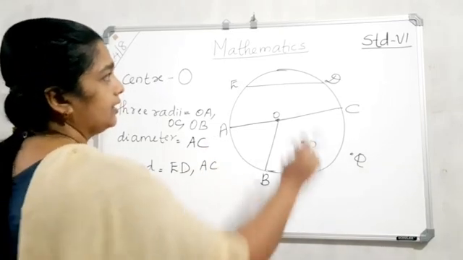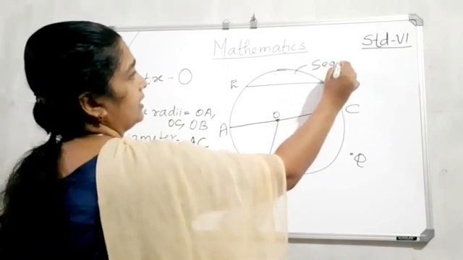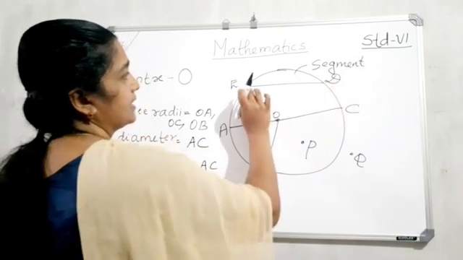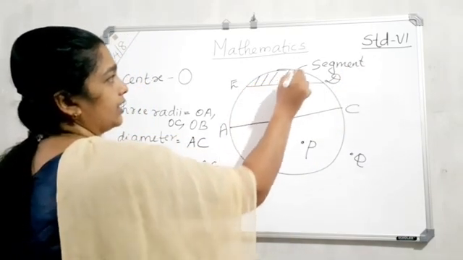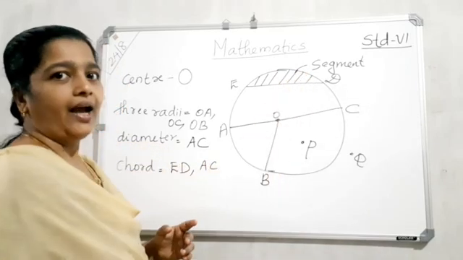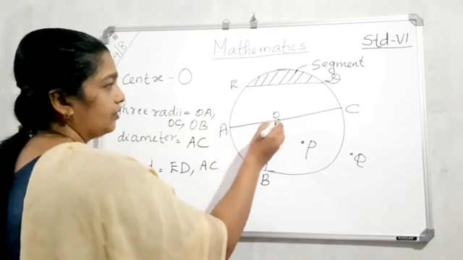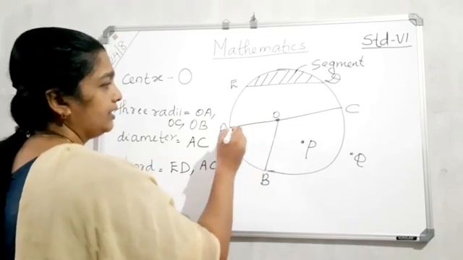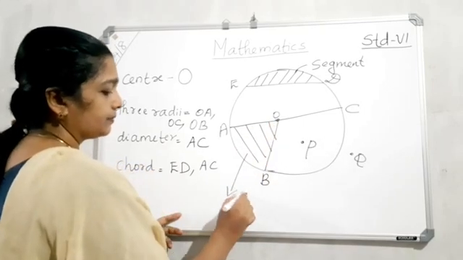You know, this portion is called the segment. That is, ED is the segment of the circle. We can shade this portion as the segment. And which is the sector here? AOB. Understand? So this portion is known as the sector.